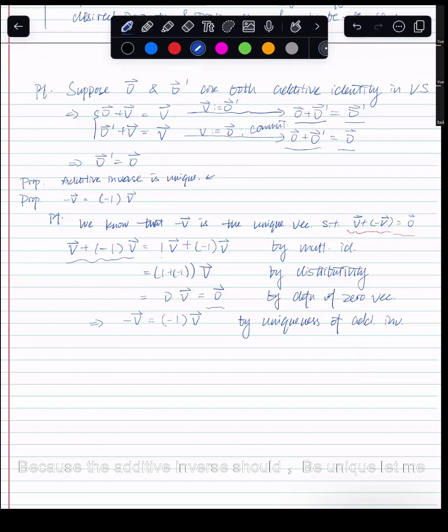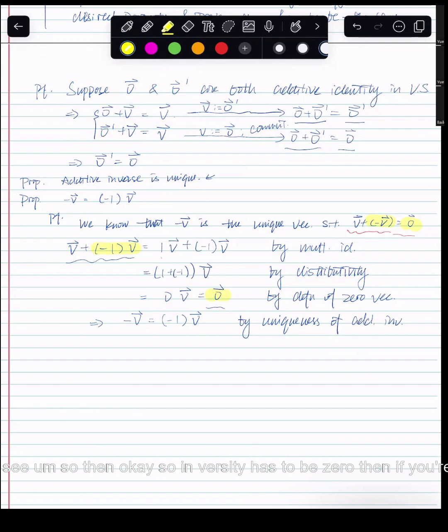Because the additive inverse should be unique. Because this additive inverse should be unique, that it adds to v to give the zero vector. So if we have this v adding something else give you the zero vector, then this something has to be the additive inverse.